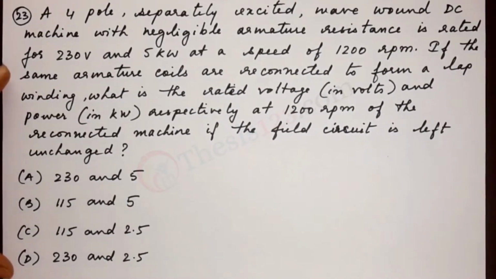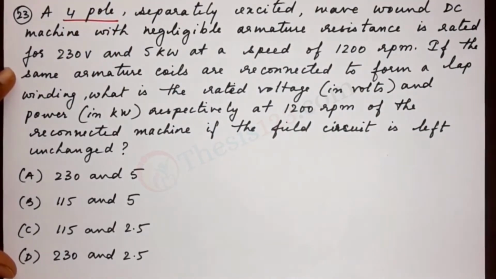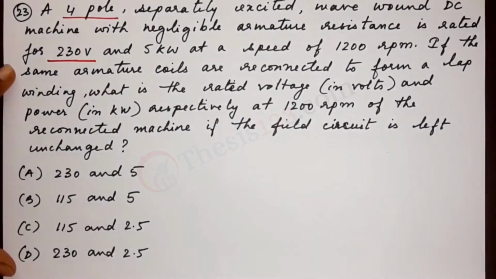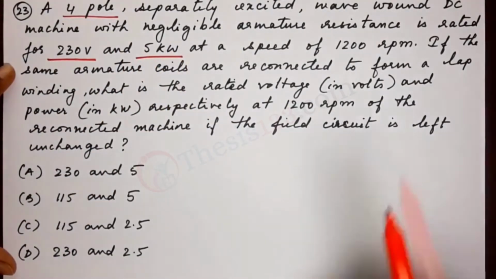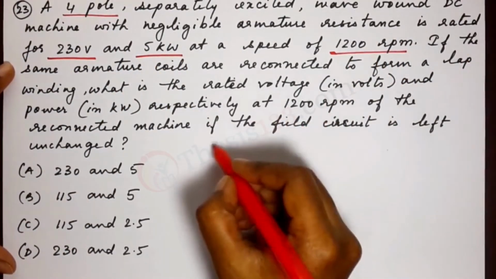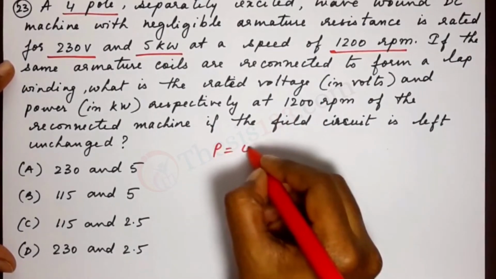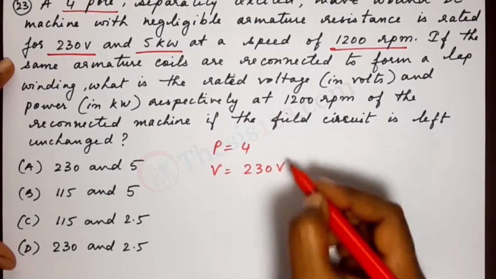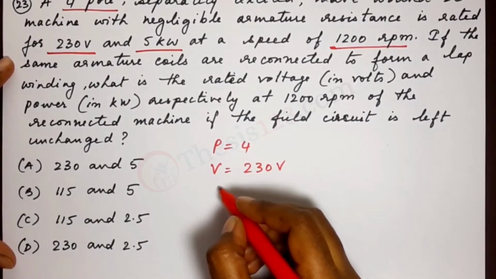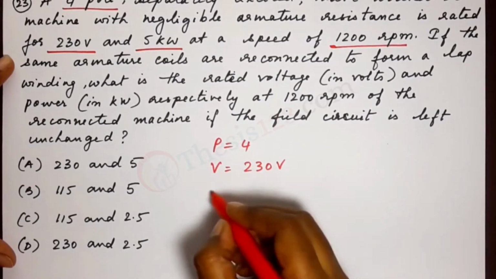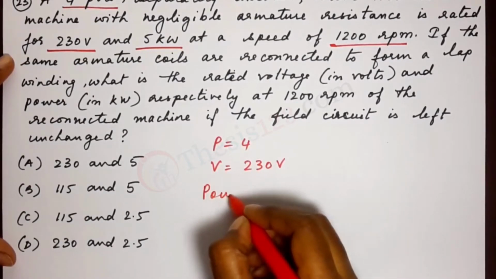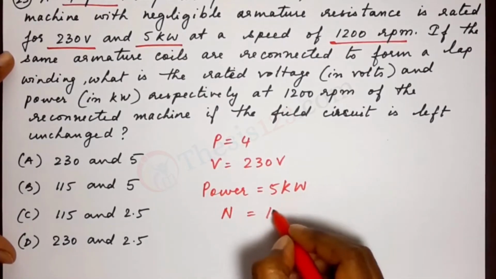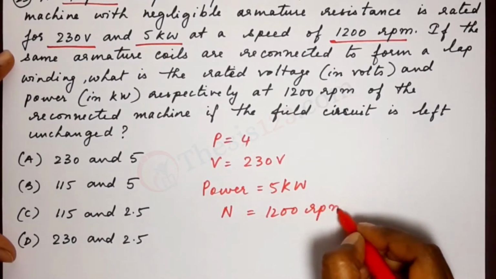So we now have 4 poles, 230 volts, that's the rated voltage. The power is 5 kilowatts. Speed is 1200 RPM.